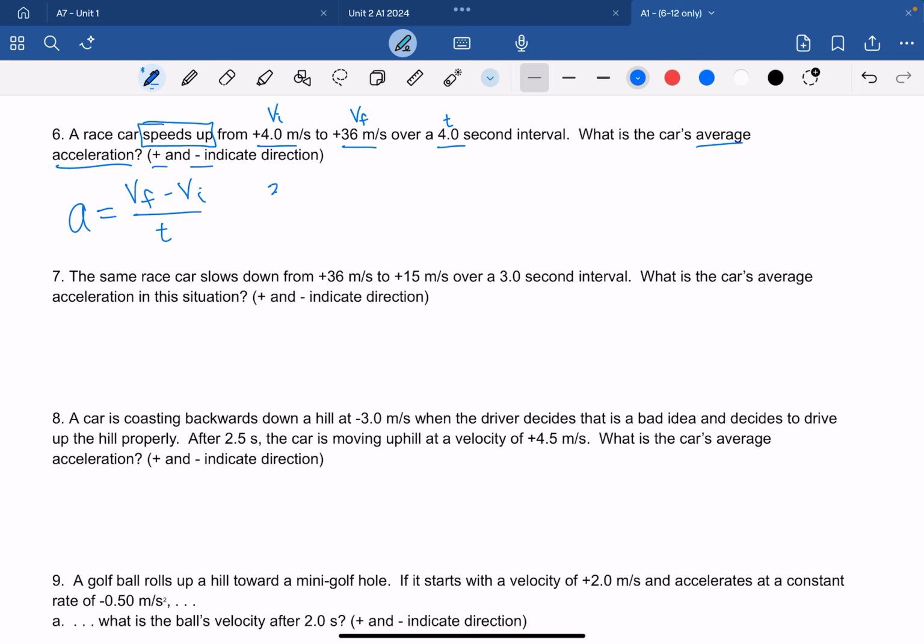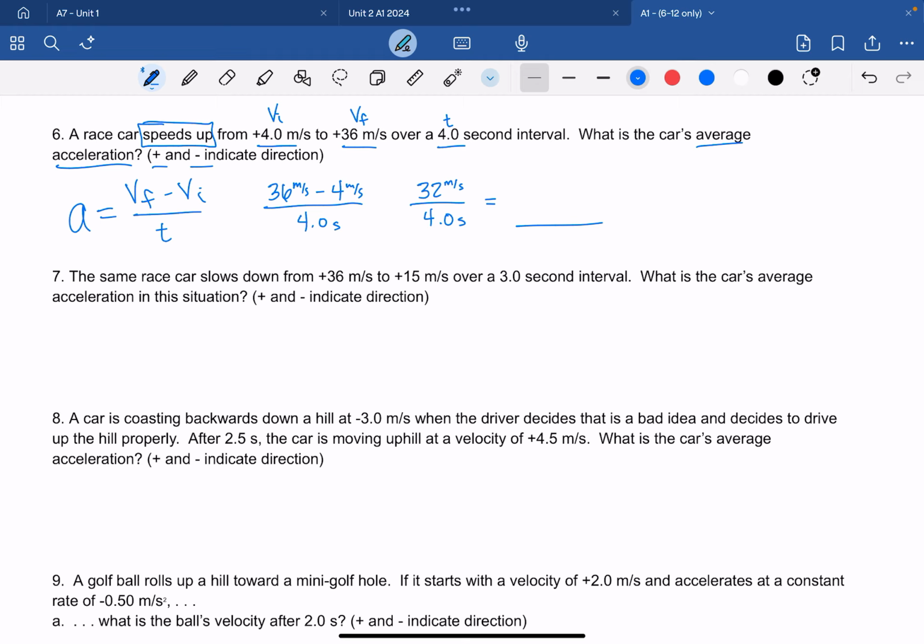And in this case, yes, we have 36 as our final velocity, minus our initial velocity, which was 4, divided by the time that goes by, which was 4.0 seconds. So if you do that top part, 32 meters per second divided by 4.0 seconds, you would get your answer.